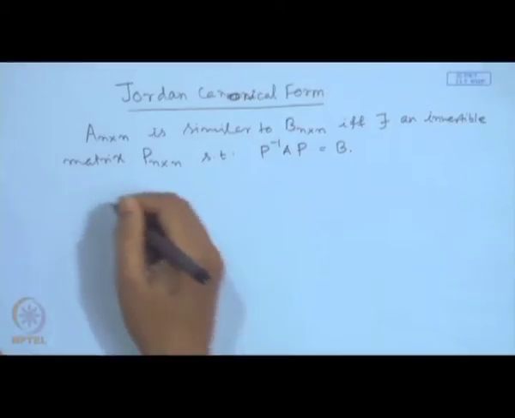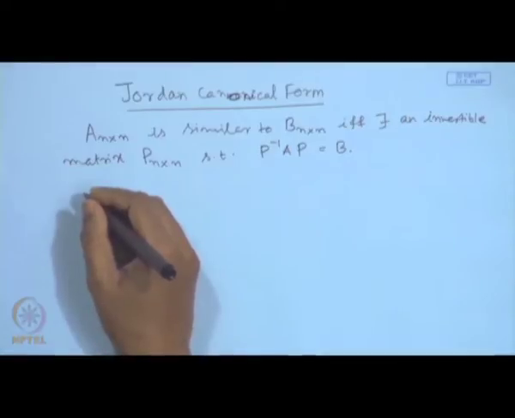Nearly diagonal means that besides the diagonal entries, the super diagonal entries are equal to 1 at the most. That is, every square matrix is similar to a matrix that is in Jordan canonical form.